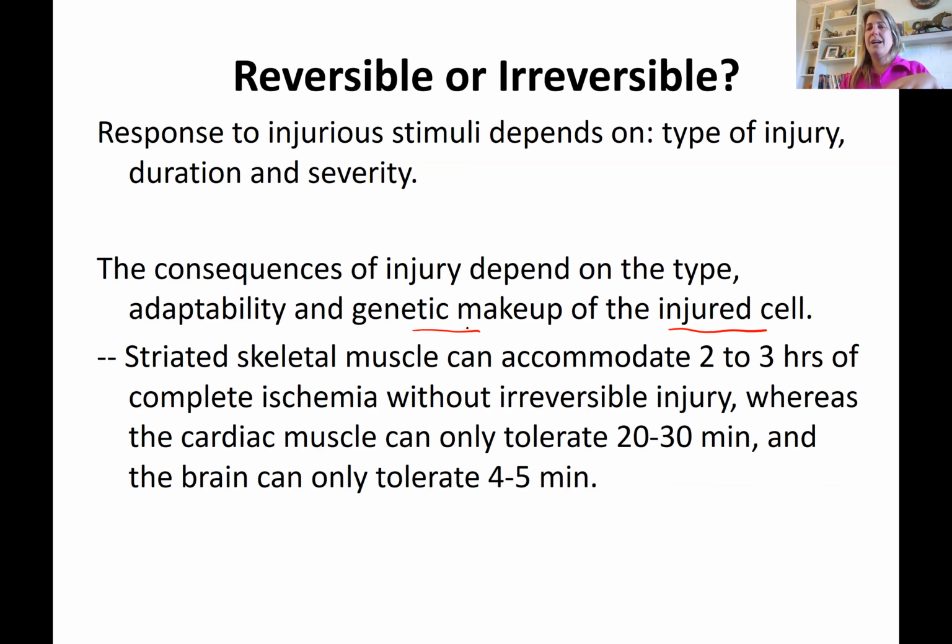That's why when people get a snake bite or a spider bite, you can do a tourniquet on that limb, and the striated skeletal muscles can withstand 2 to 3 hours without dying, okay? As opposed to the cardiac muscle, which can only withstand about 20 to 30 minutes of no oxygenation.